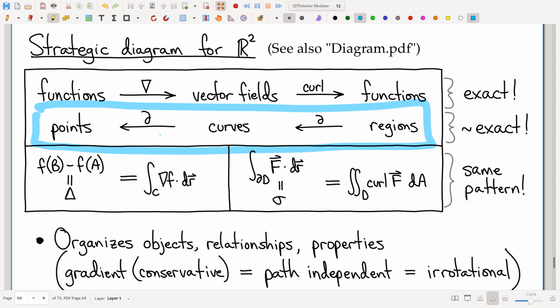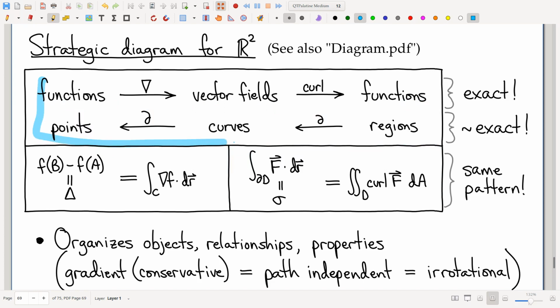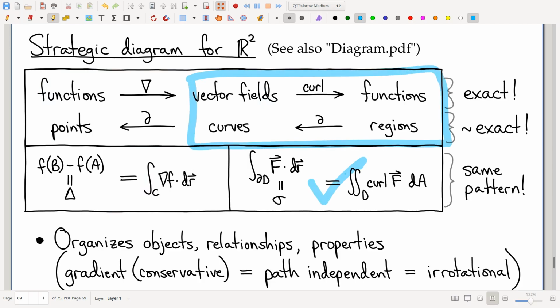And now check this out. These players right here all pertain to the fundamental theorem of line integrals that we were just talking about. It's a statement about a curve and its boundary points. It's a statement about a function and its gradient field. How about that? Right? And then these players are all involved with Green's theorem.